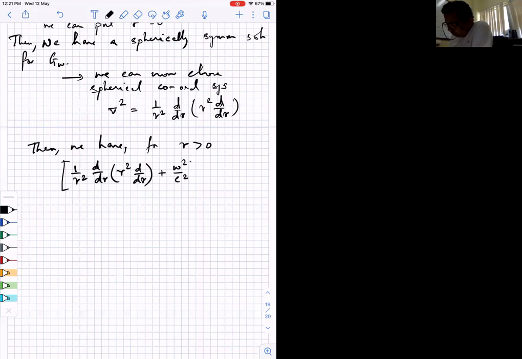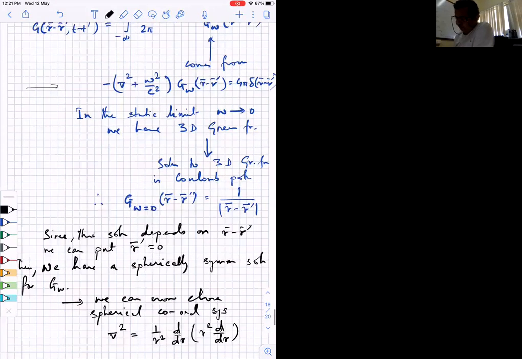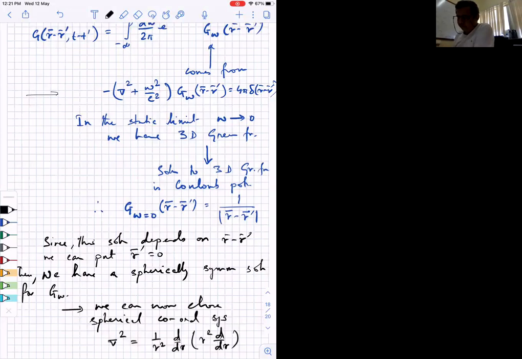This whole thing is working on G_omega(r) is equal to 0. Right. Remember.